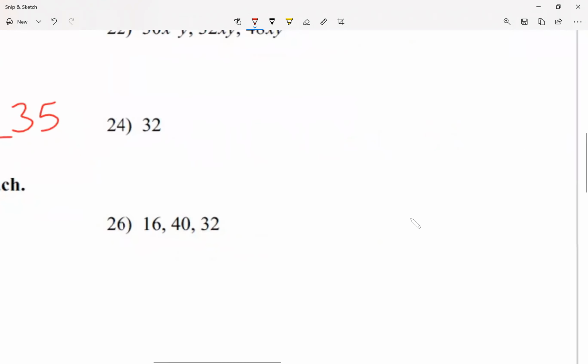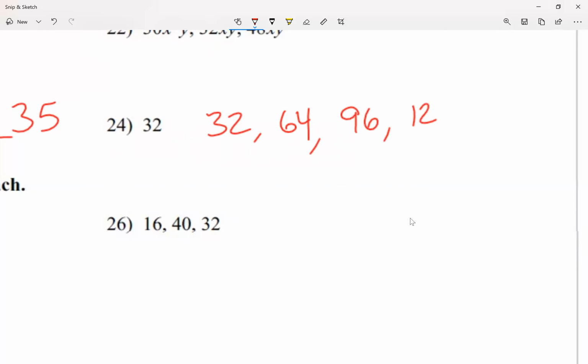For question number 24, I'm going to do the multiples of 32. All right, I'm going to find out what's 32 times 1. Well, 32 times 1 is 32. 32 times 2, well, that's 64. 32 times 3, that's going to be 96. 32 times 4, it's 128.